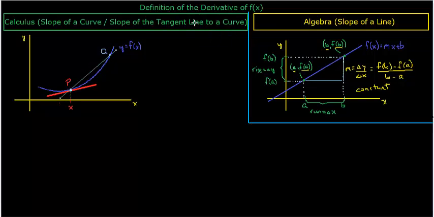In algebra, we had a change in y over change in x. So we have 2 points, and each of those points will have coordinates, so we could find the slope of that line. That line is called a secant line because it has 2 points.